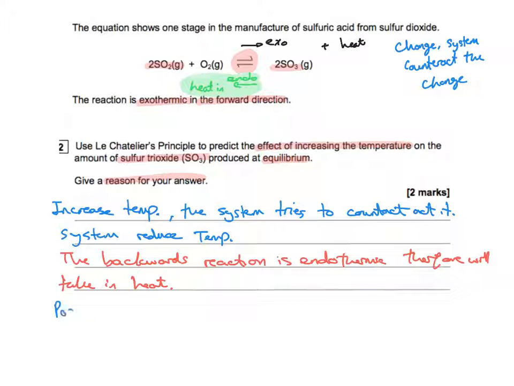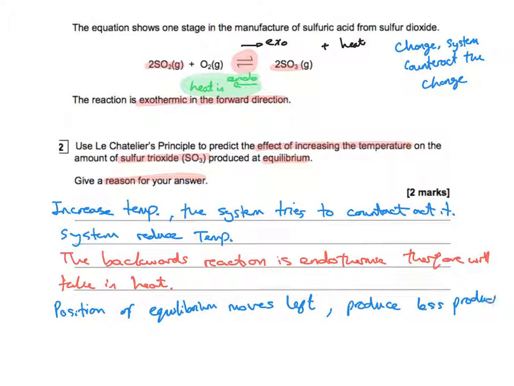Therefore, the position of equilibrium moves left to make it do more of the endothermic reaction. And if the position of the equilibrium moves left, it means you will produce less of the product, sulfur trioxide.